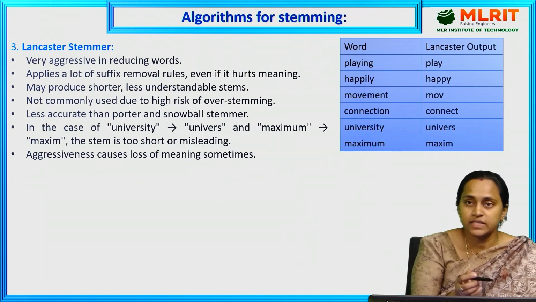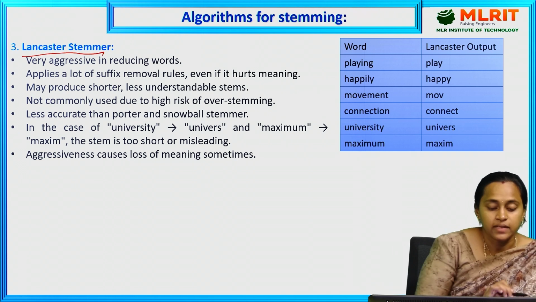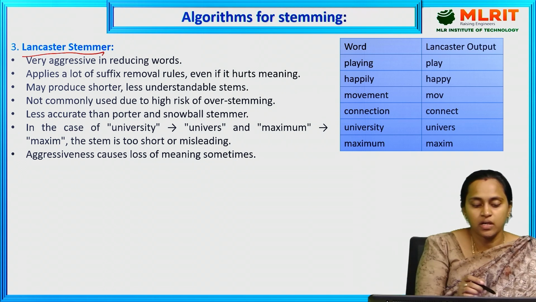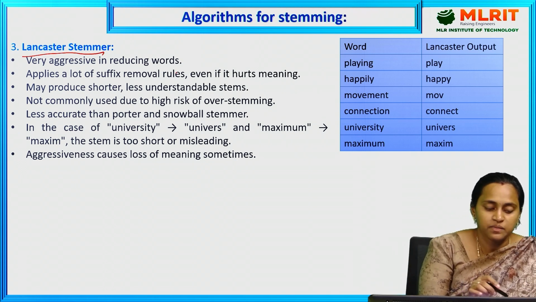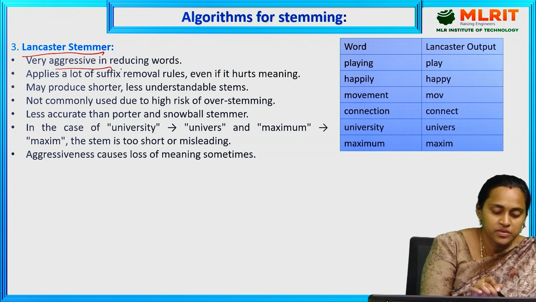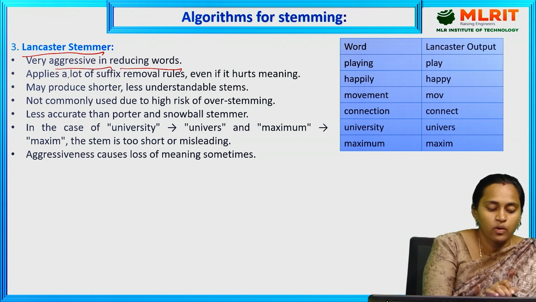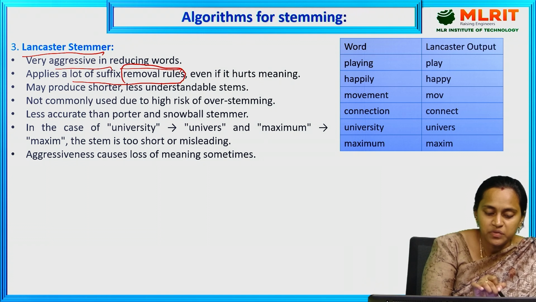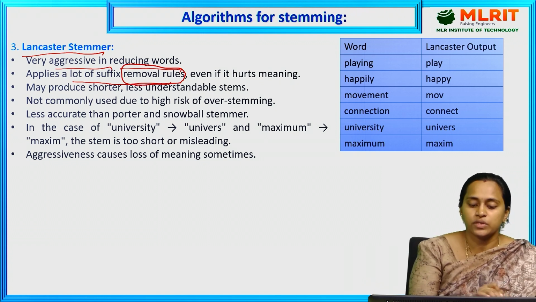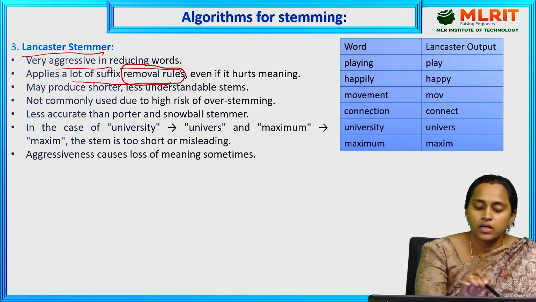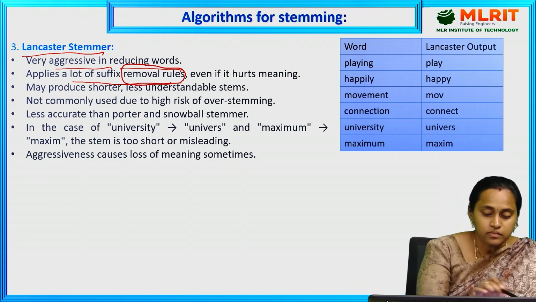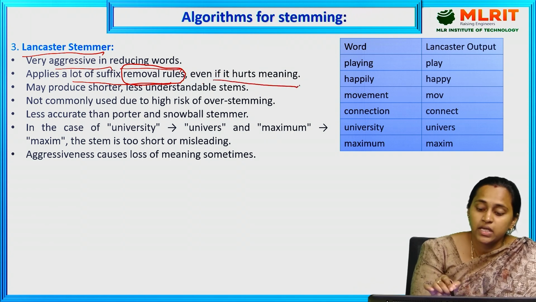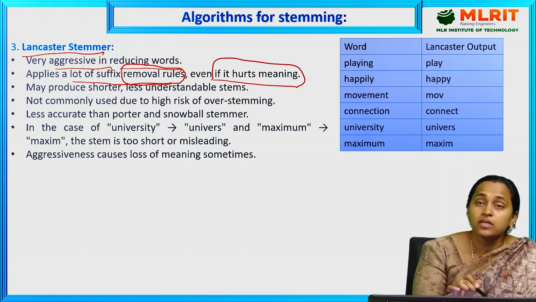Let's see the next one, Lancaster stemmer. Compared to Porter, Lancaster stemmer is very aggressive in reducing words, because it contains a lot of suffix removal rules. That means we have to follow these rules to remove the suffixes, even if the meaning is lost.